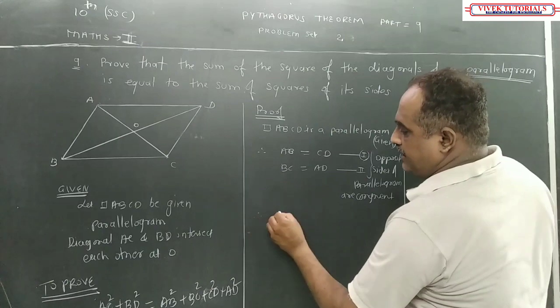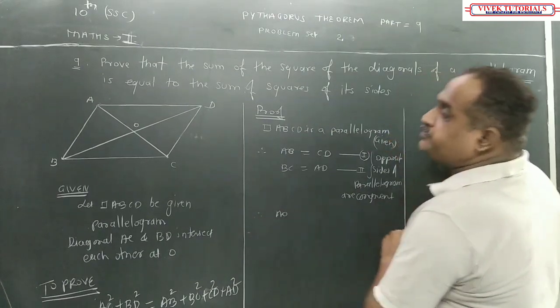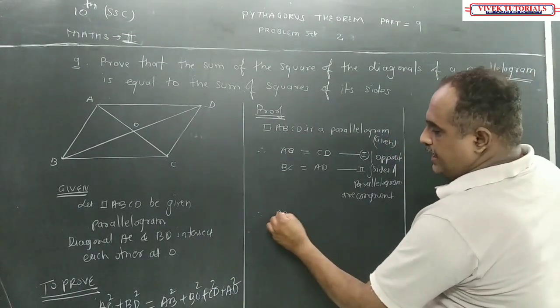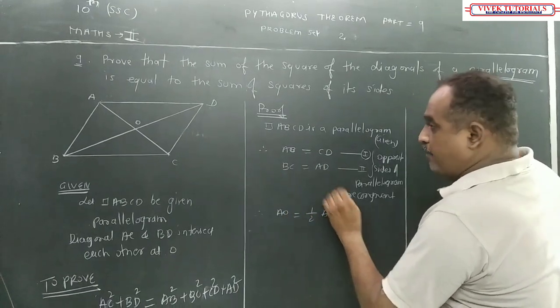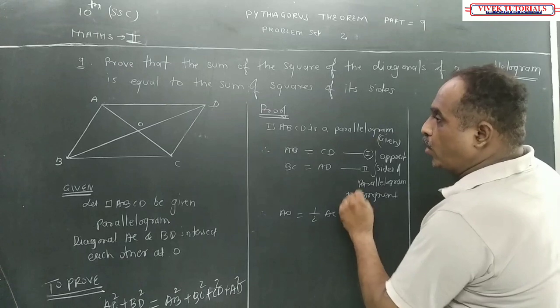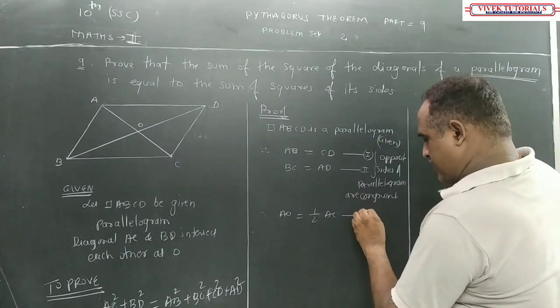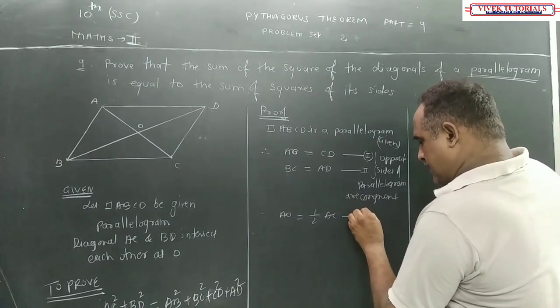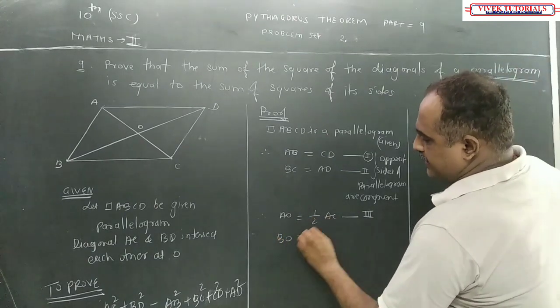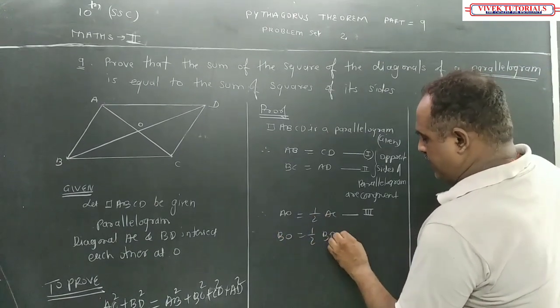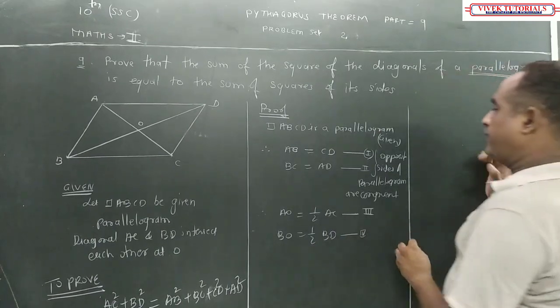Again I can write AO is equal to CO, which will be half of AC, but I am going to take only AO, equation 3, and BO is equal to half of BD, equation 4.